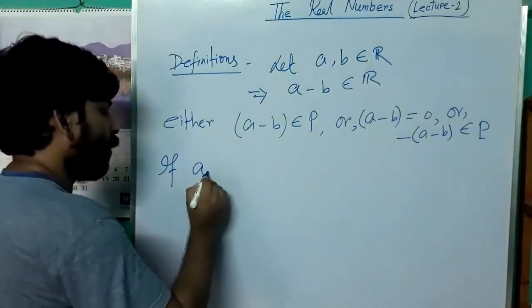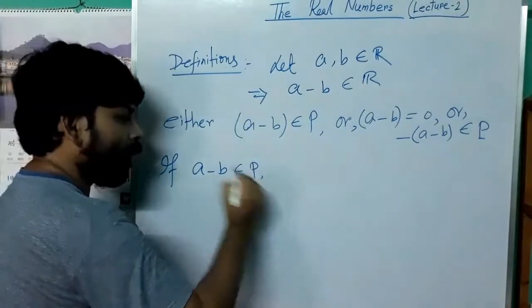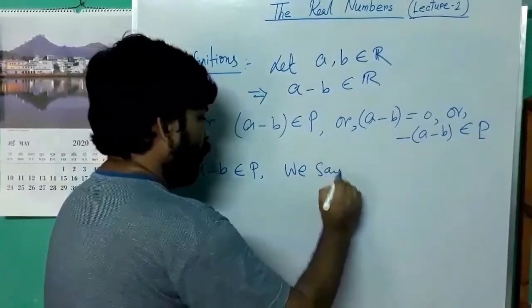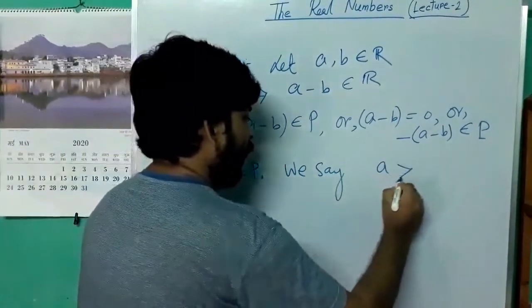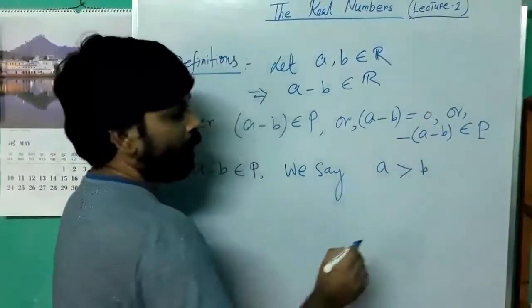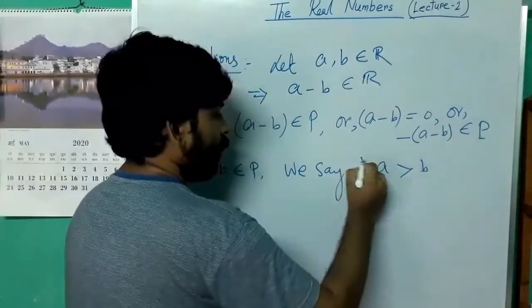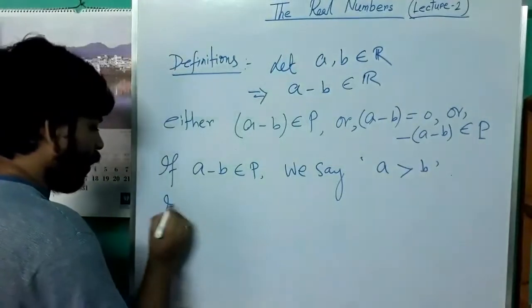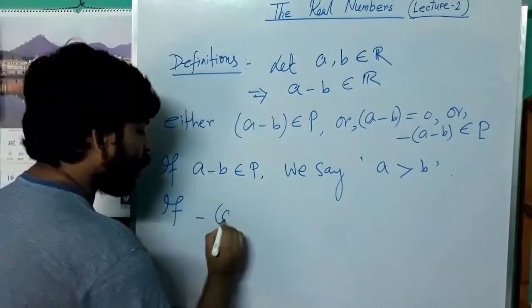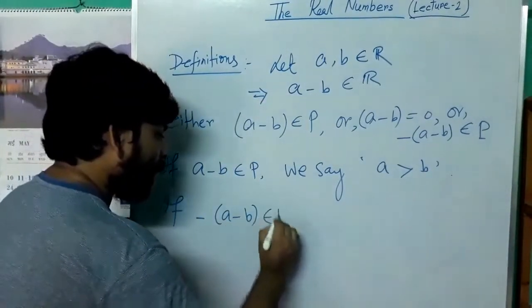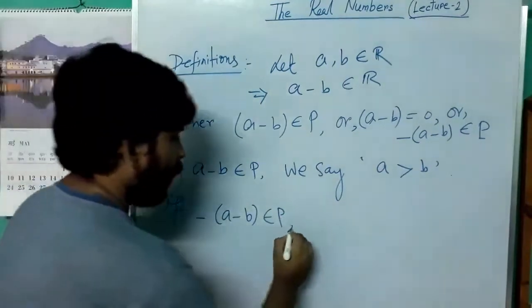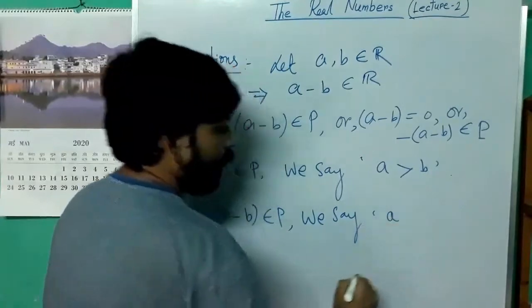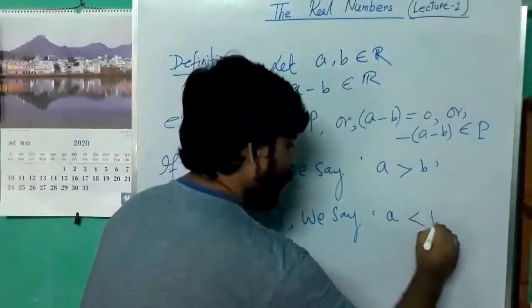If A minus B belongs to P, we say A is strictly greater than B. And if minus of (A minus B) belongs to P, then we say A is strictly less than B.